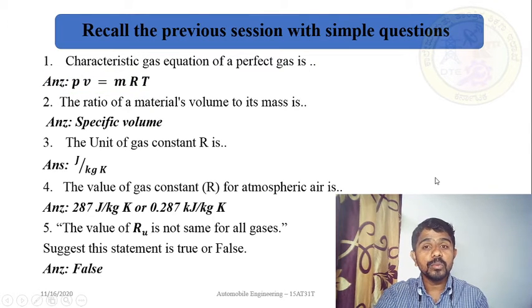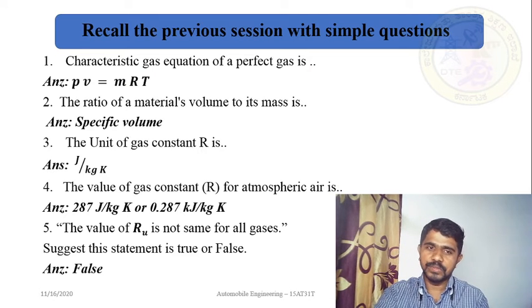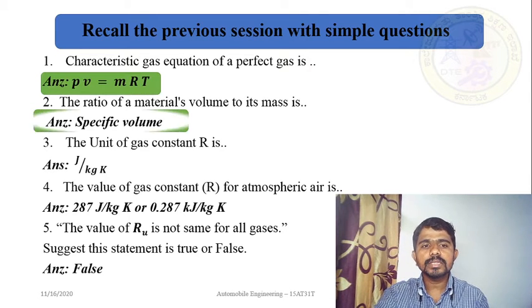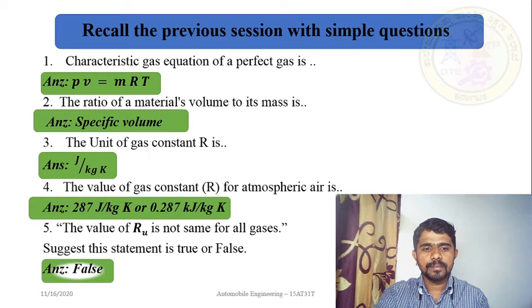What is Ru? The product of molecular mass and gas constant. That is the same for all gases. The value is 8.314 kilojoules per kg Kelvin. Is that right? Okay, fine. These are all the answers. You should remember this.